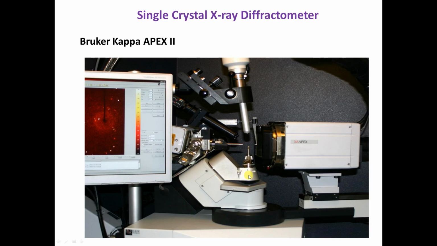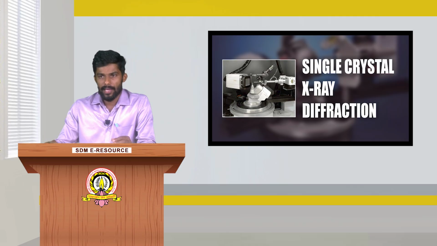In a 3-circle goniometer, the kappa axis, or kappa arm, is placed at exactly 45 degrees. In a 4-circle goniometer, it rotates from plus 90 degrees to minus 90 degrees. And of course it contains a beam trapper along with the detector.